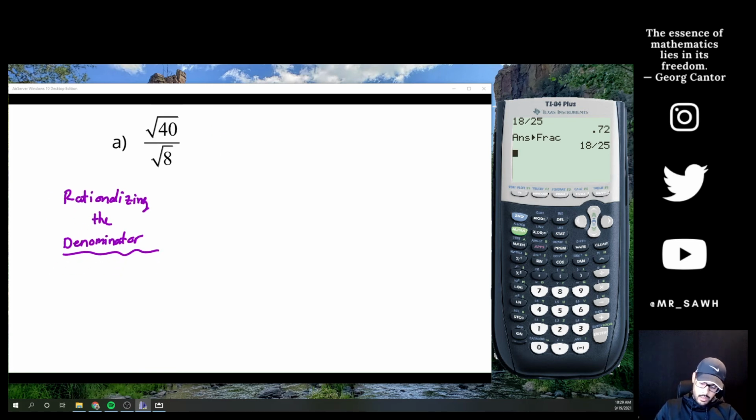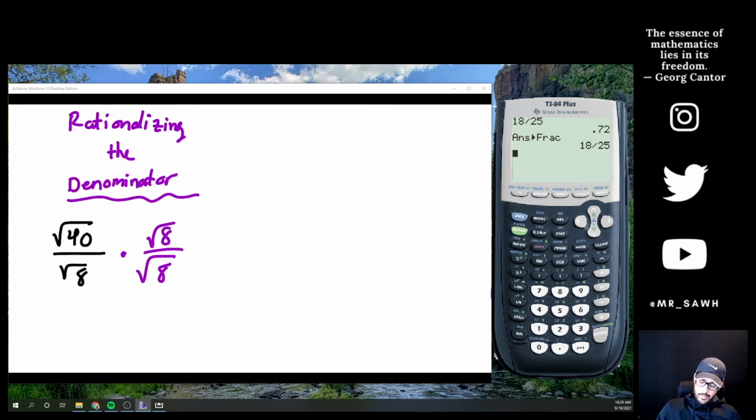Okay. So square root 40 over square root 8, and we're going to multiply the top and bottom by root 8, essentially multiplying by 1. So the bottom becomes square root 64, but the top becomes the square root of 320, 40 times 8 if you use our multiply rules.